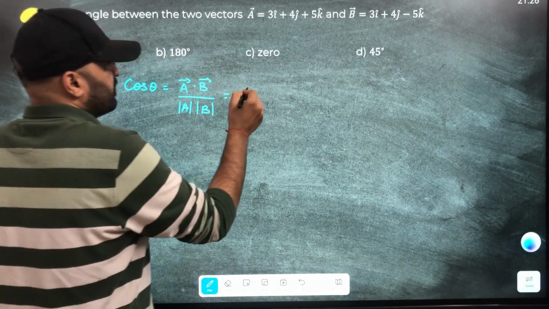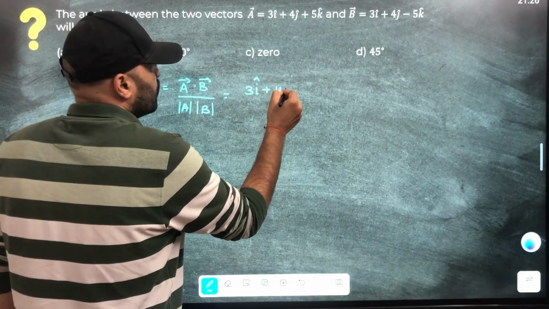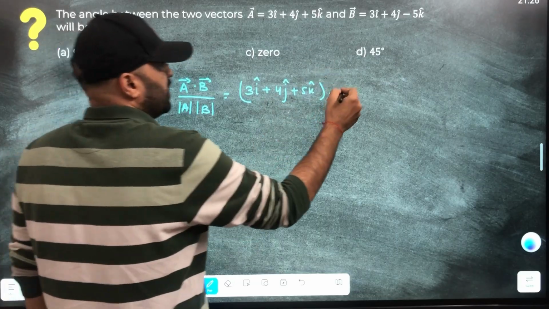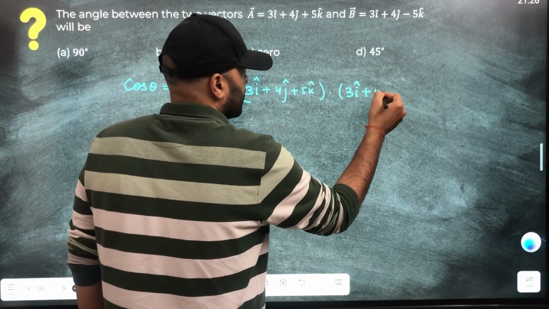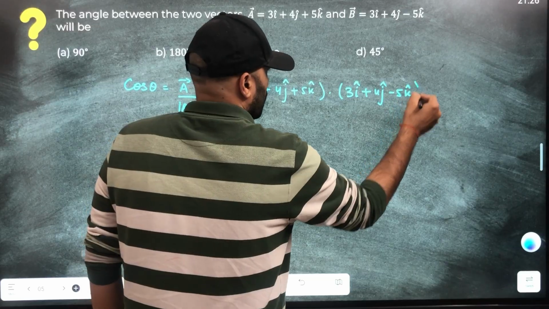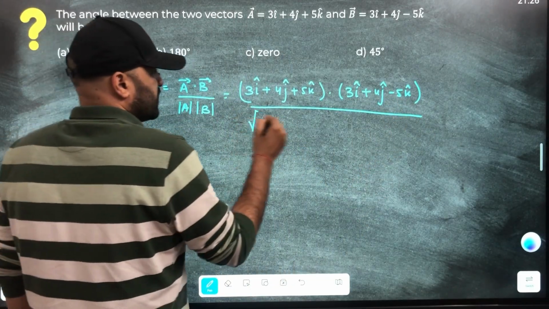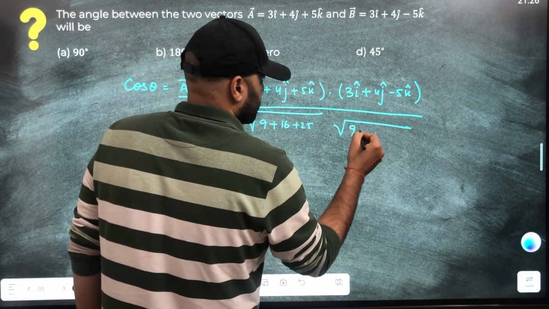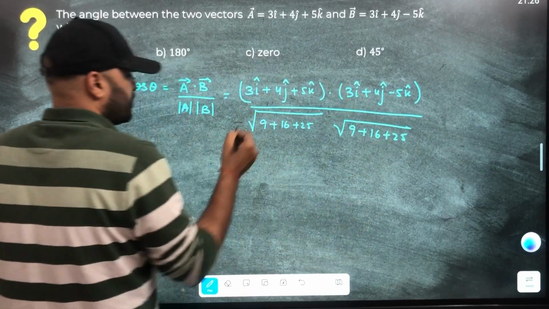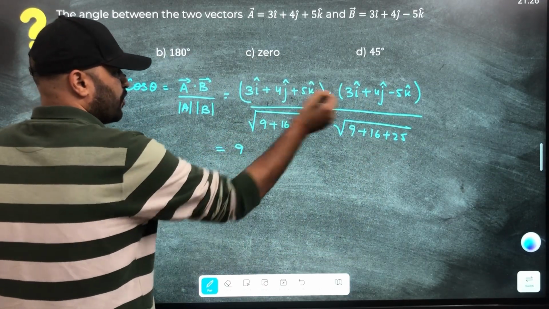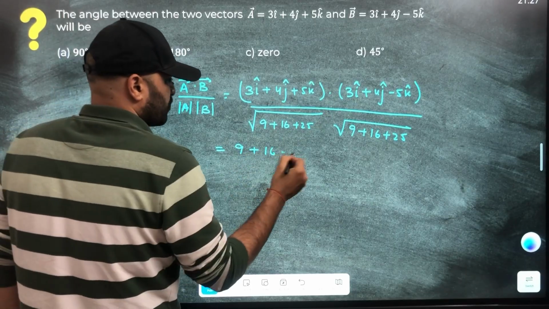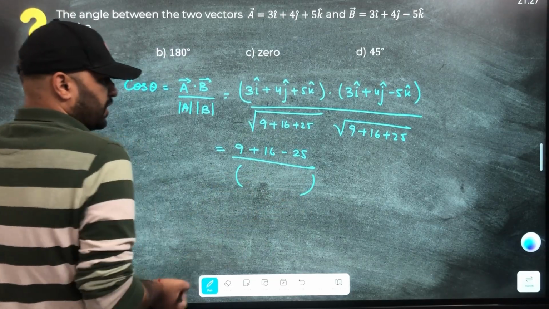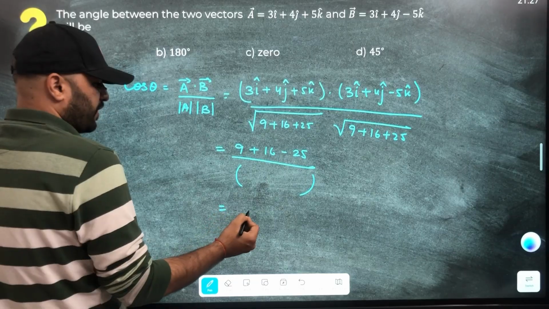It will be 3i plus 4j plus 5k, dot product with 3i plus 4j minus 5k, whole divided by the magnitudes, which is root of 9 plus 16 plus 25, and here also 9 plus 16 plus 25. Using the dot product, it will be 3 into 3 is 9, 4 fours are 16, j with j and k with k, so minus 25. Now look, the numerator itself is becoming 0, regardless of the denominator. 9 plus 16 is 25, 25 minus 25 is 0.